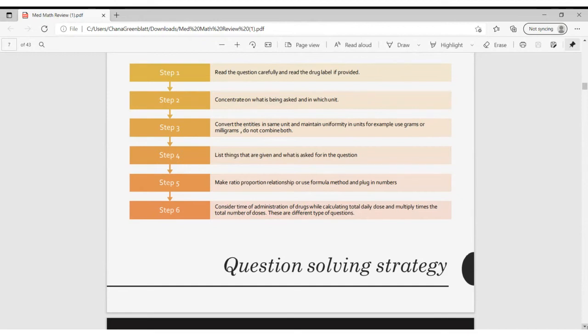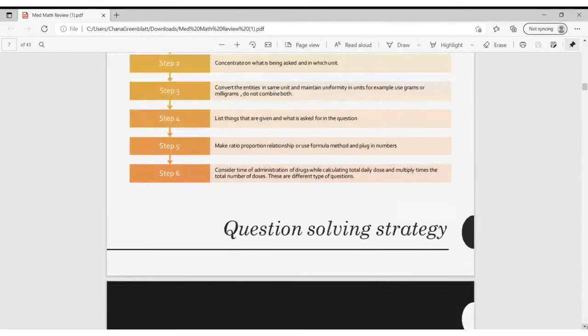Making the ratio proportion, that's one of the ways to do it, and using the specific formula method and just plugging everything in and going across. And then the last step is to just make sure that you have everything down appropriately. So considering the time of when you're getting things, whether the dose that you received is in the appropriate dosage range, and then it might have given you a total dose and you need to be able to have the hourly dose. So just making sure that, yay, you got to the end, but you're really at the end.